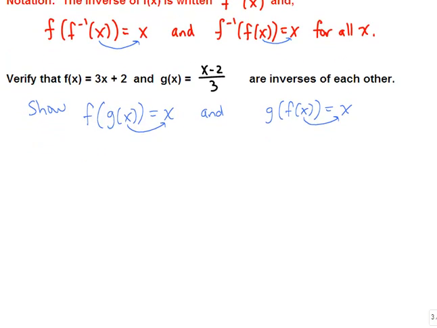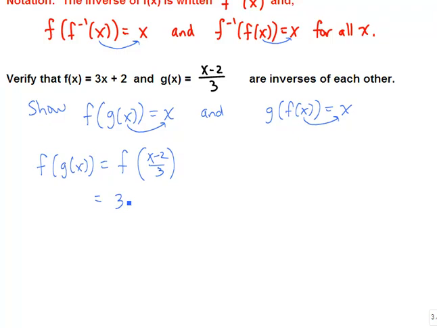So here's what we're going to do. We're going to prove f of g of x is x. So let's find f of g of x. We're going to take the rule for g, which is this (x minus 2) over 3, and we're going to input that into f. So here's the rule for f. f says take 3 times your input plus 2.